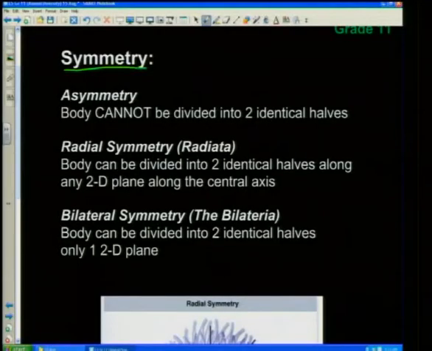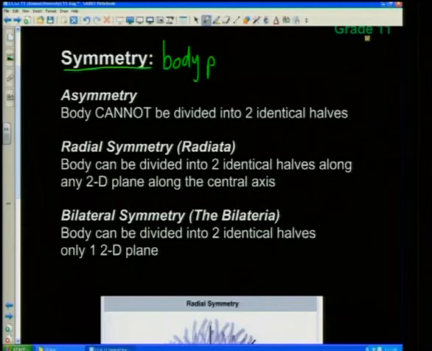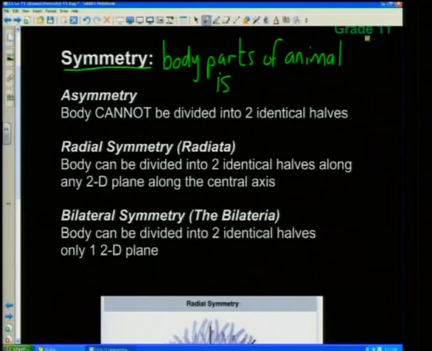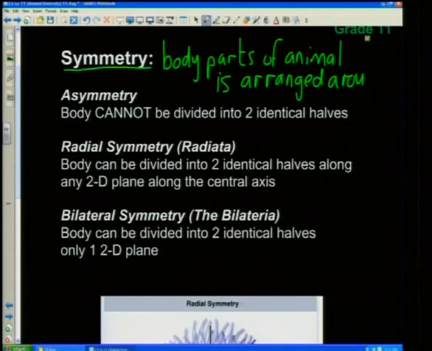Now, what is symmetry? If I have to give a definition of symmetry, it's the way in which all the body parts of an animal are arranged. And it's normally arranged around a specific point or a central axis.